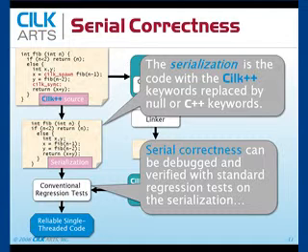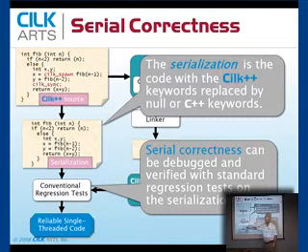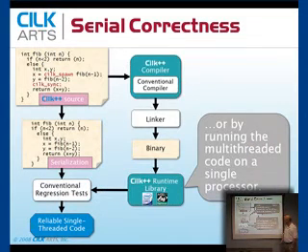Now, the point of the serialization is you can actually use your normal debugger and your whole environment on the serialization. It operates like C++ code, and all the tools you're familiar with, you can run them all on the Cilk++ code when you've serialized it.